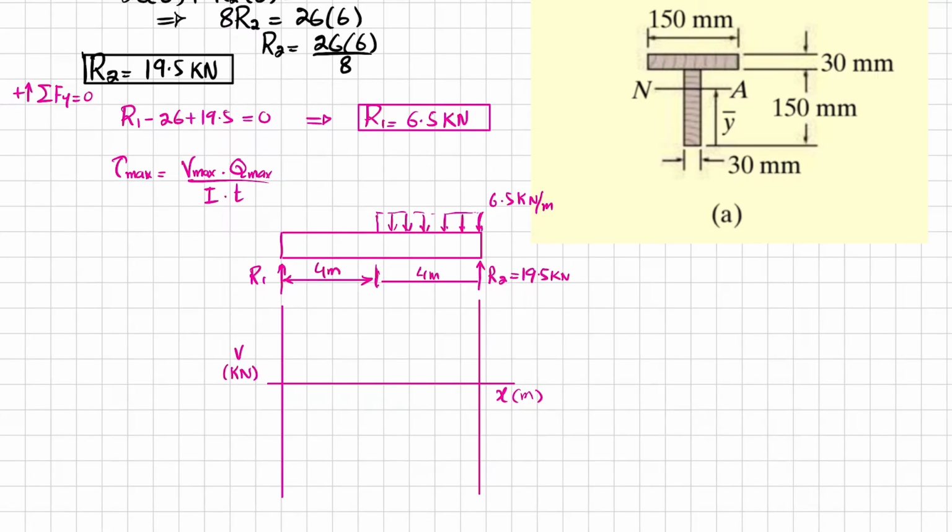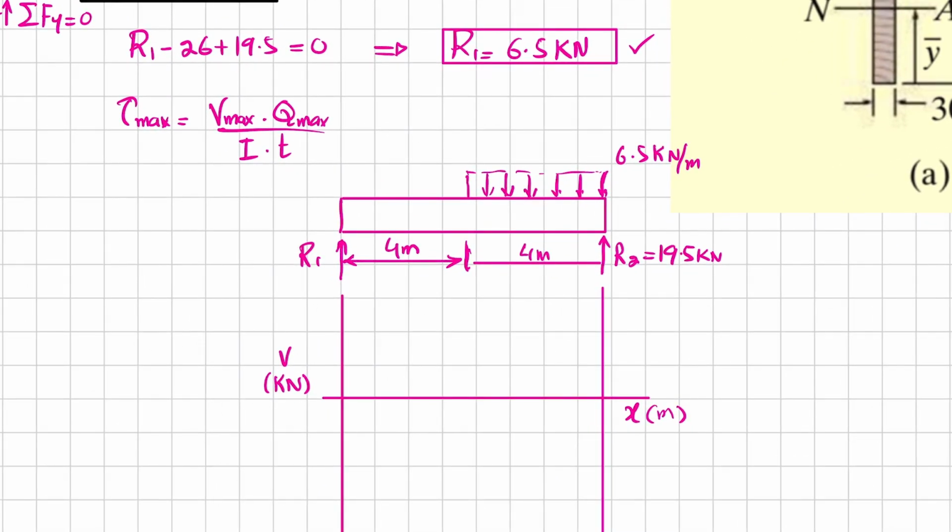Starting from the very first point, we have R1, which is 6.5. So let me zoom in. Let this division be 5 kilonewton, this is 10, this is 15 kilonewton. So here minus 5, minus 10, minus 15, and minus 20.